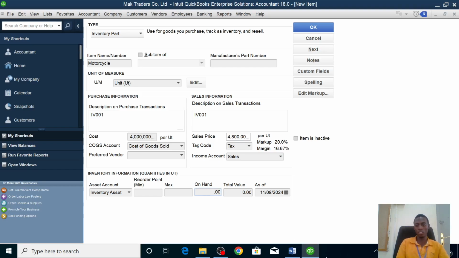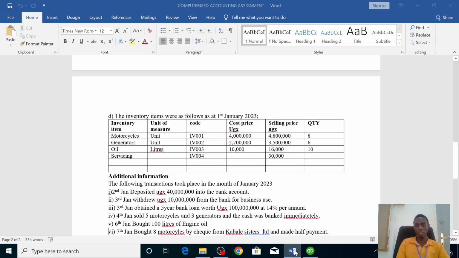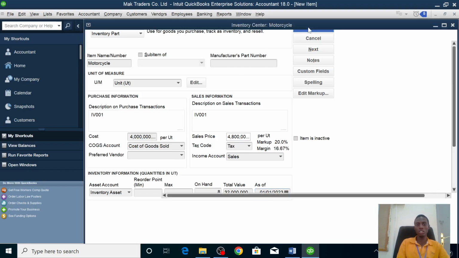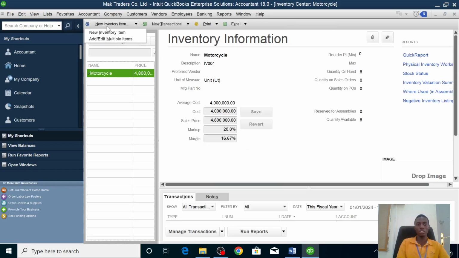On hand I have 8. The date as of 1st January 2023. Then I say okay.